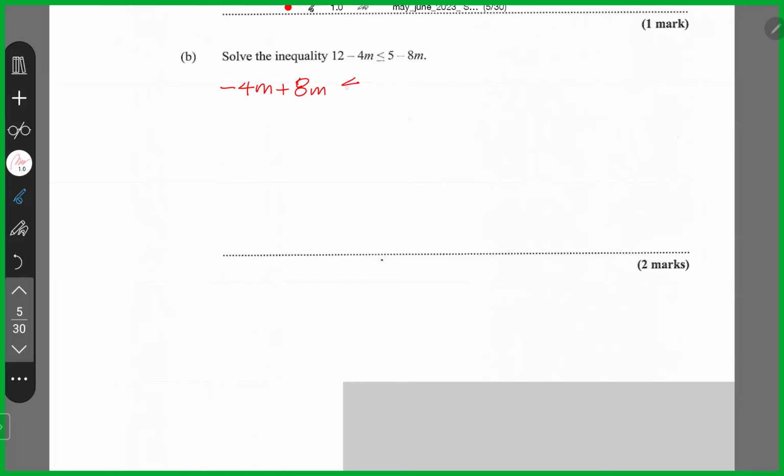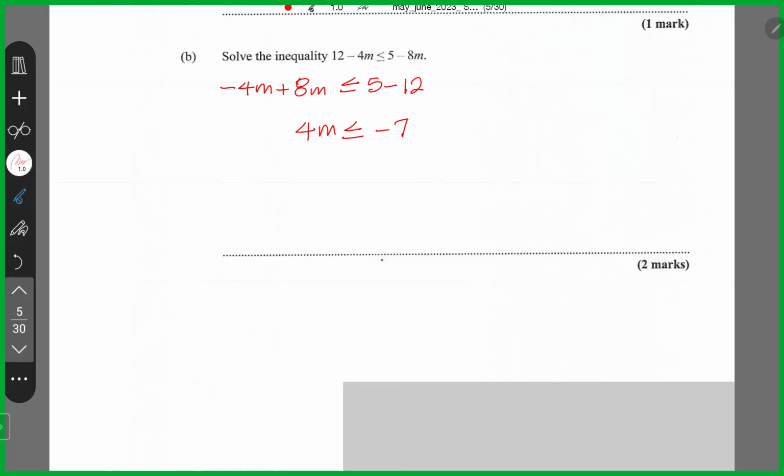And this is less than or equal to 5 minus 12, so positive 12 on the left goes over to the right and becomes negative. Simplifying both sides, minus 4m plus 8m is 4m, less than or equal to minus 7.